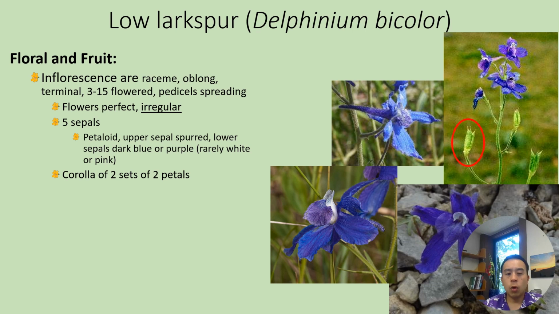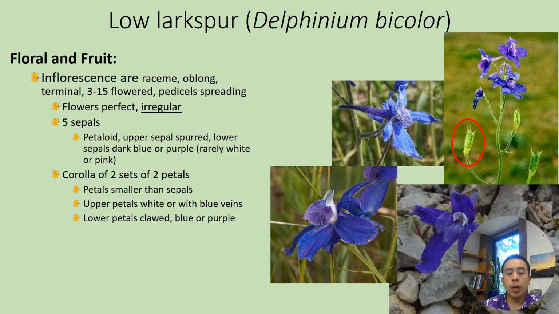It has a corolla with 2 sets of petals, which includes, again, petals and sepals or petaloid sepals. And the petals are actually smaller than the sepals themselves. The upper petals are often white or with blue veins, whereas the lower petals are often clawed and blue or purple in color.